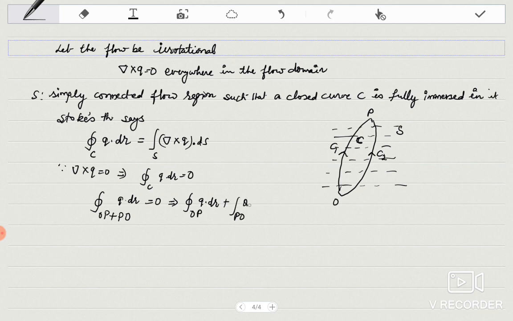OP may be written as C1, so this is the integral over C1 of q dot dr, plus, now this PO is along C2, so minus the integral over C2 of q dot dr is equal to 0. So the integral over C1 of q dot dr is equal to the integral over C2 of q dot dr. This simply means that the flow along C1 and the flow along C2 both have the same value.